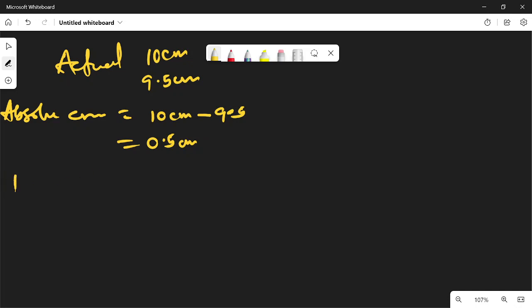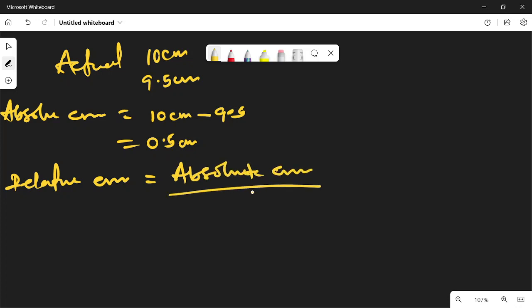Yes, sir. So the next one is now relative error. Relative error is given as absolute error divided by actual value. So relative error of this one is going to be 0.5 divided by the actual value, which is 10. You therefore have 0.05. Are you following now?